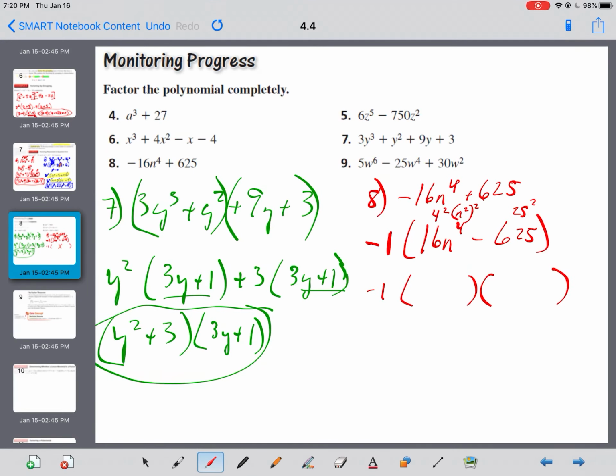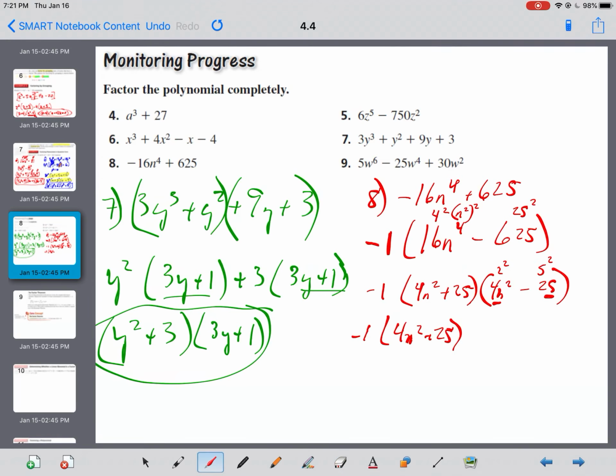So, -1, and we're going to do a difference of squares. Each one gets a 4n squared. Each one gets a 25. One's plus, one's minus. These are both difference of squares again, because that's 2 squared and 5 squared. That's a sum, doesn't do anything, so we can go -1, 4n squared plus 25.